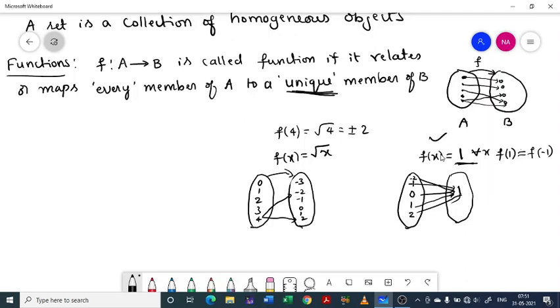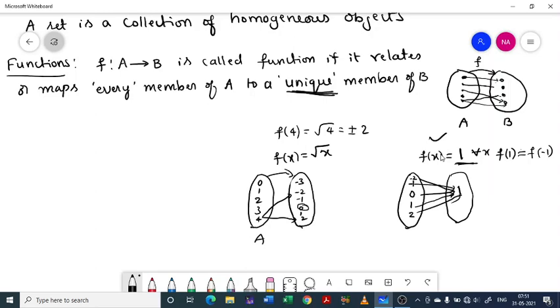And while doing such mapping, you are not allowed to leave any member of set A. You should map every member of A, but you can leave members of B. Even if you don't get an image, then no problem. See this set. You can map 0, 1, 2. Every member of this set should have an image.